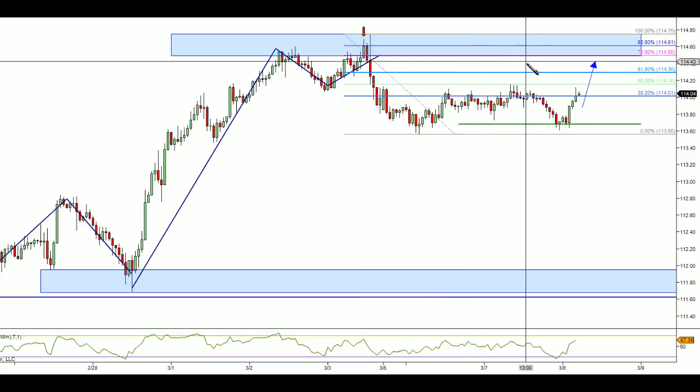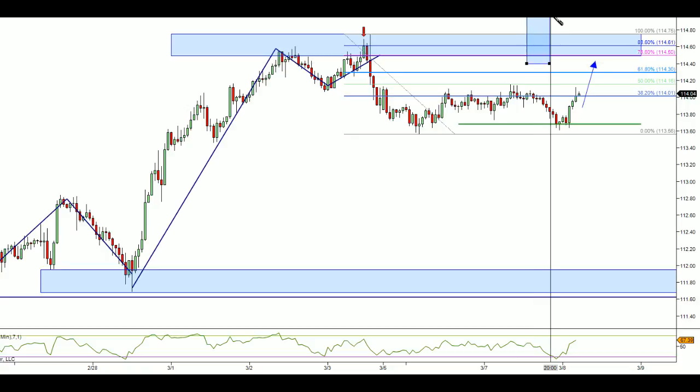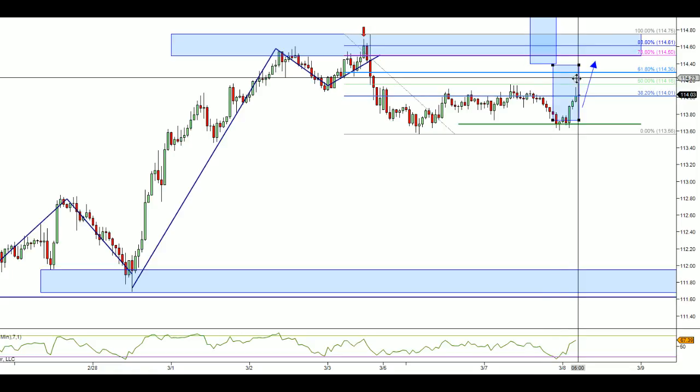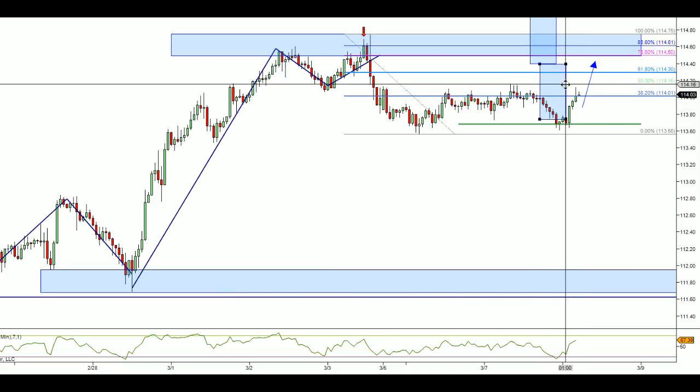I think I'm right about 114.40 is where I'm at. Because to target one, it's going to give me a little bit better than a 1-to-1.